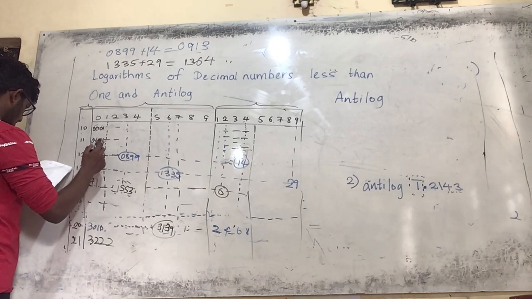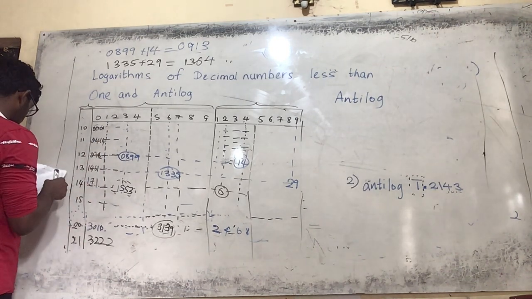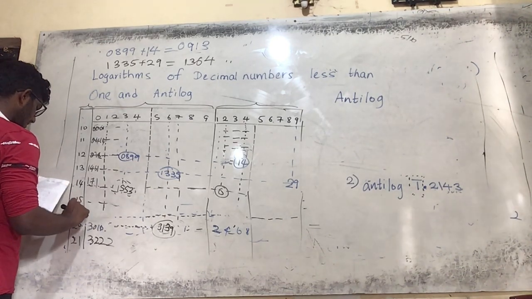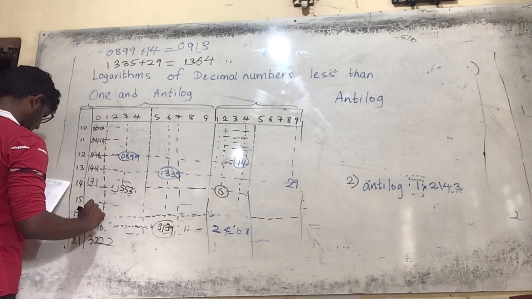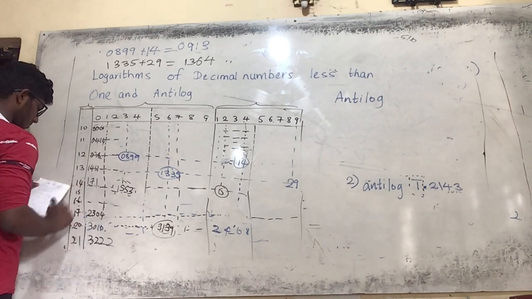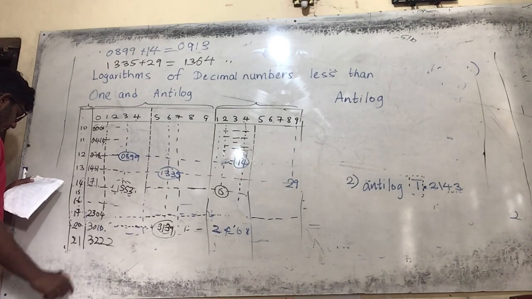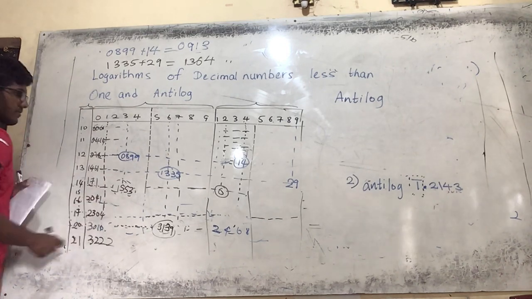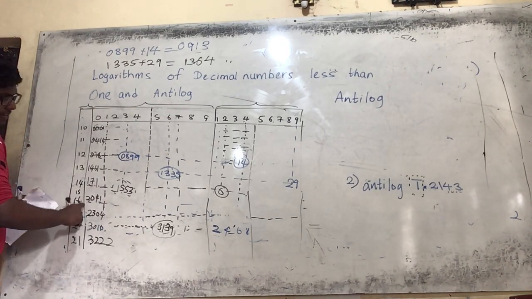So I'm going down, and at the 17th line 2304, and at 16 then I have 2041. Okay?